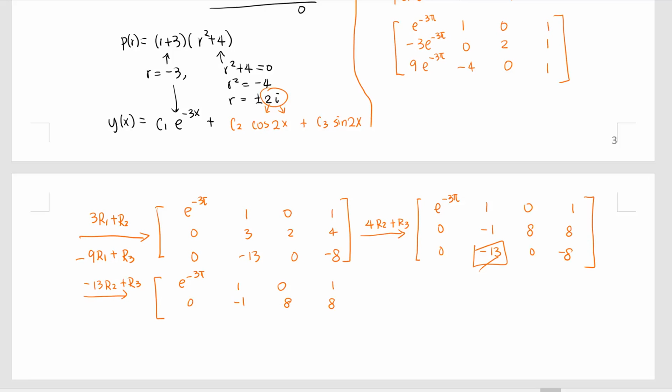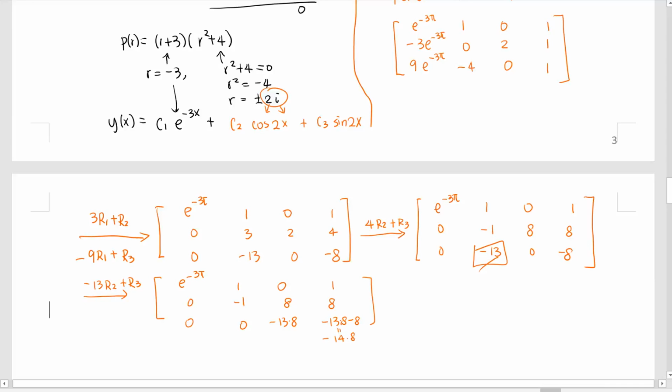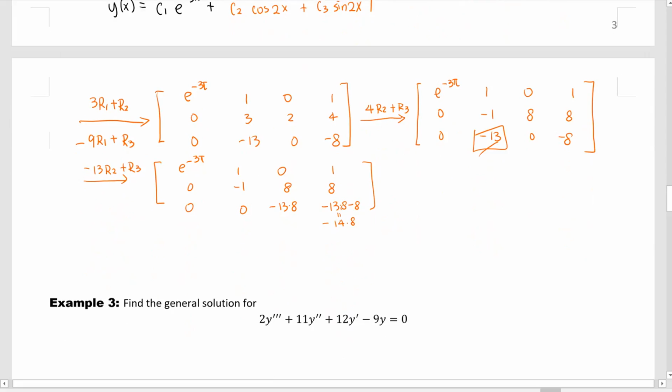And what's next? We have 0, and here 13 plus minus 13 is 0, and then we have minus 13 times 8. So minus 13 times 8. What 0 is that? And then here we have minus 13 times 8 minus 8. Wow, that's the same as minus 14 times 8. It's okay, we can leave it like that because they will cancel later. We don't need to multiply out.